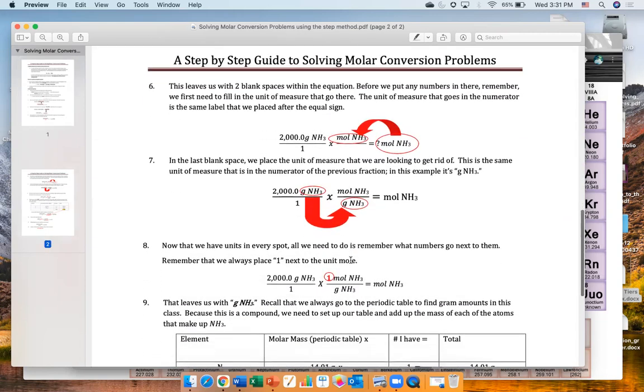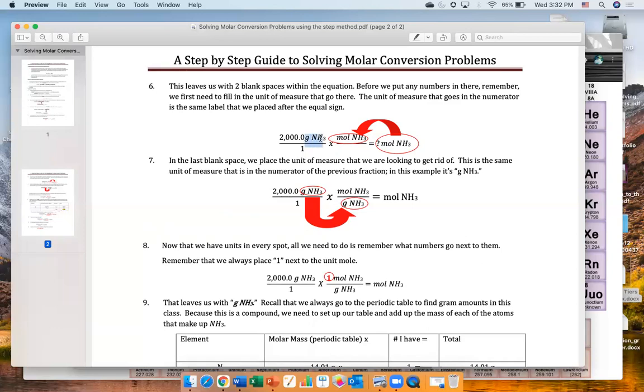So step 6. This leaves us with 2 blank spaces within the equation. Before we put in any numbers here, remember we first need to fill in the units of measurement. You've been hearing me all year talk about how important units of measurement are, that you never ever write a number down that's not attached to units of measurement. You're now going to see why this is so important.